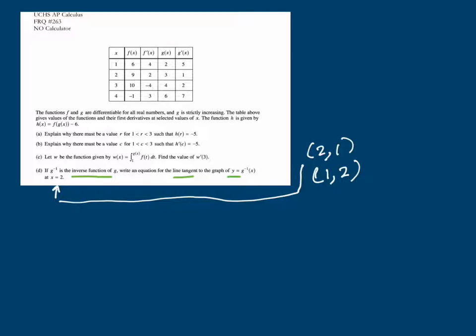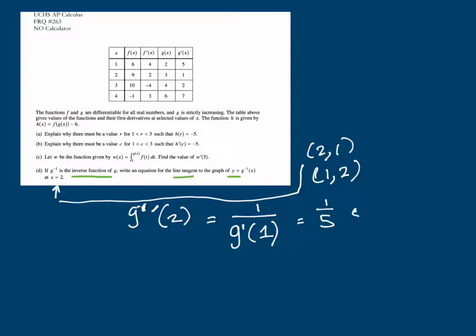So remember the inverse function: if we want g inverse prime at 2, it is equal to 1 over g prime of 1, which is equal to 1/5.